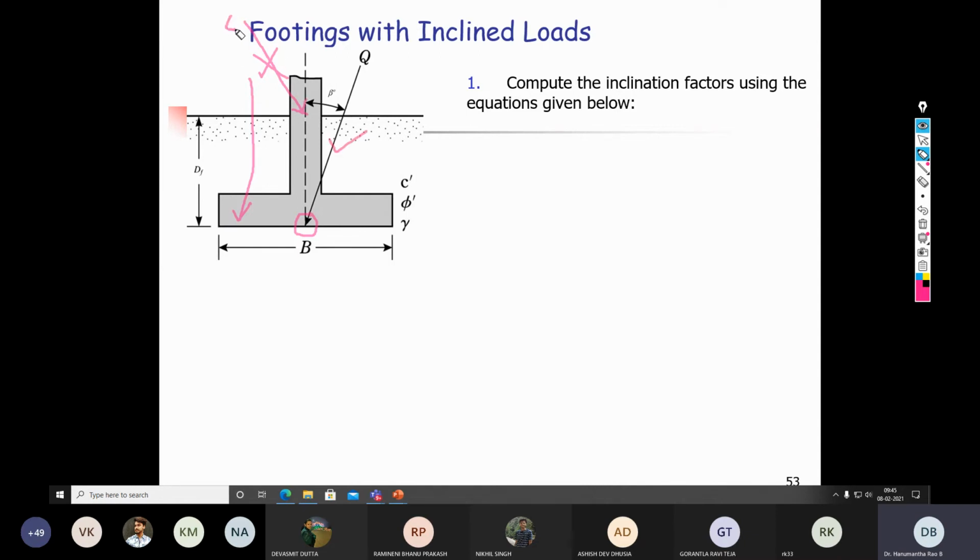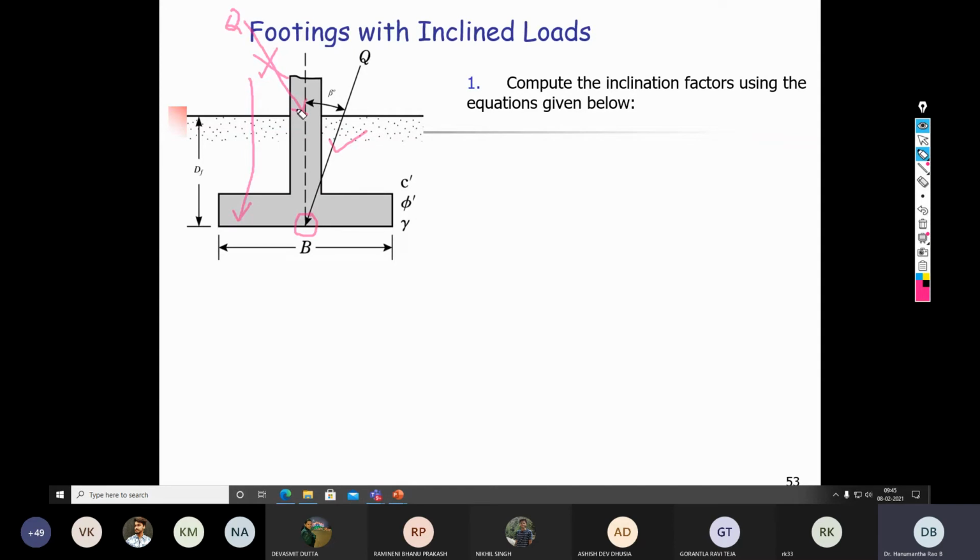So when the column location or this capital Q ends at the ground surface, this again falls under the category of footing with eccentricity or footing with the horizontal load or footing with the moment.